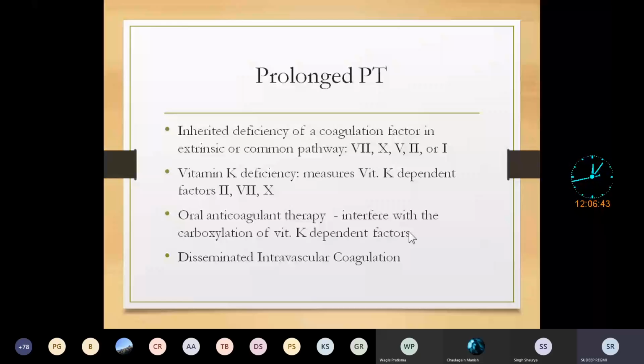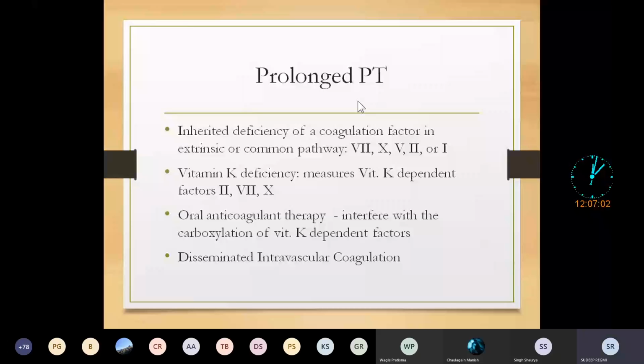And in disseminated intravascular coagulation also, there will be consumption of the coagulation factors, okay, leading to increase in the PT or prolonged PT.